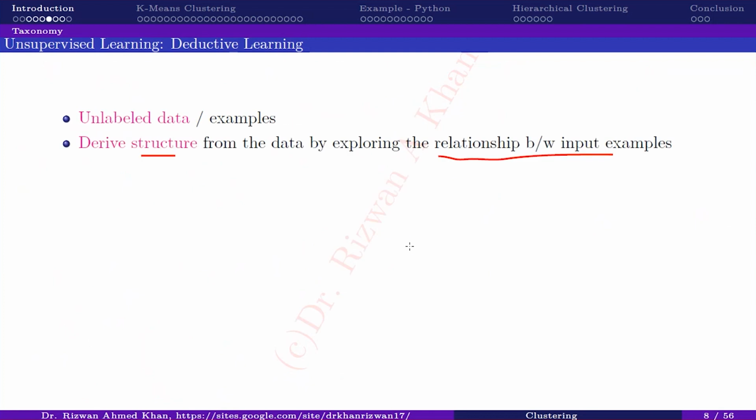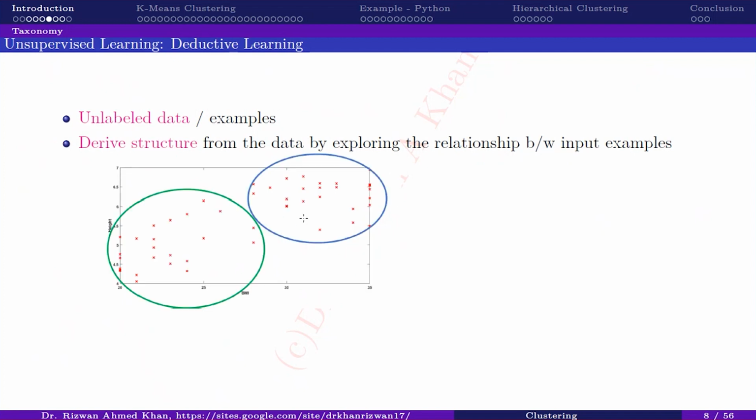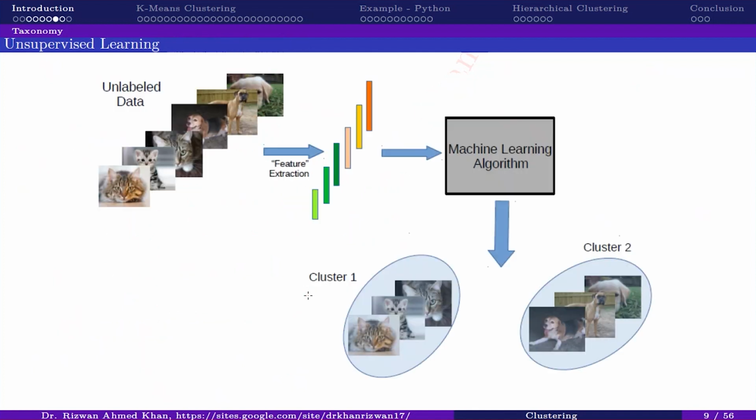So this is what unsupervised learning would try to do: derive structure from the data set based on the relationship between input examples, like this one, right? So unsupervised learning is about description, or describing the data. We try to describe data based on the structure present in the data set. So this is the whole complete intuition of unsupervised learning.